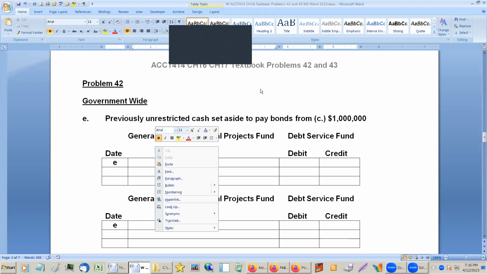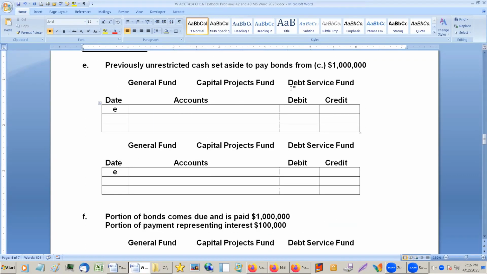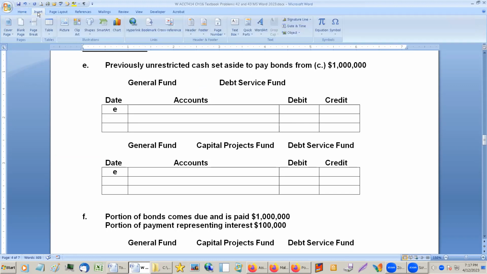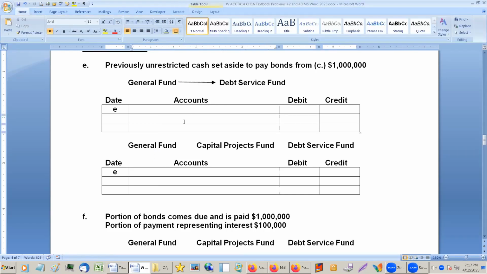Okay. Now, really, I'm just saying cash set aside to pay bonds. Okay, so this is basically this. This is the government agency transferring money to another government, no entry.